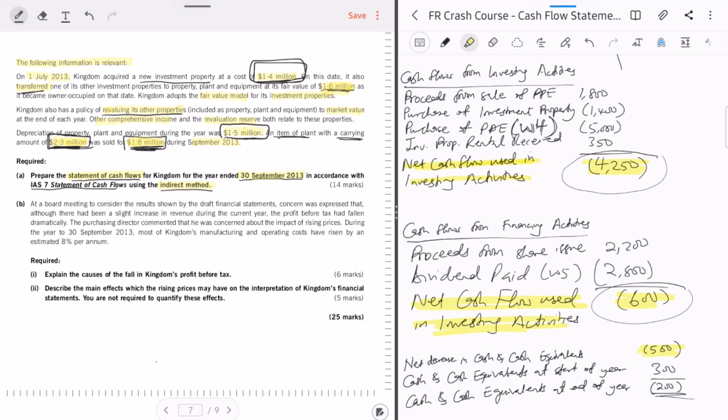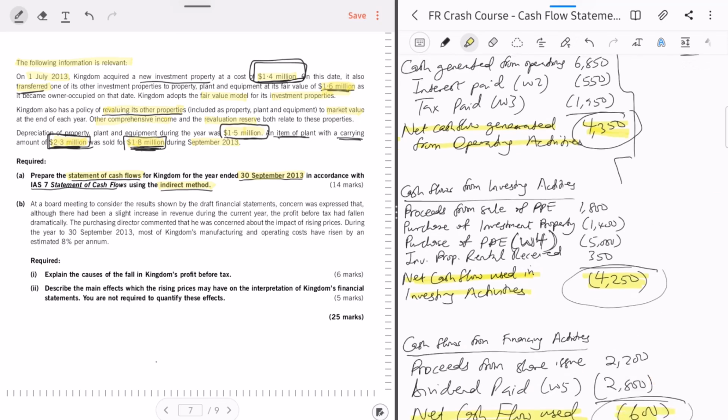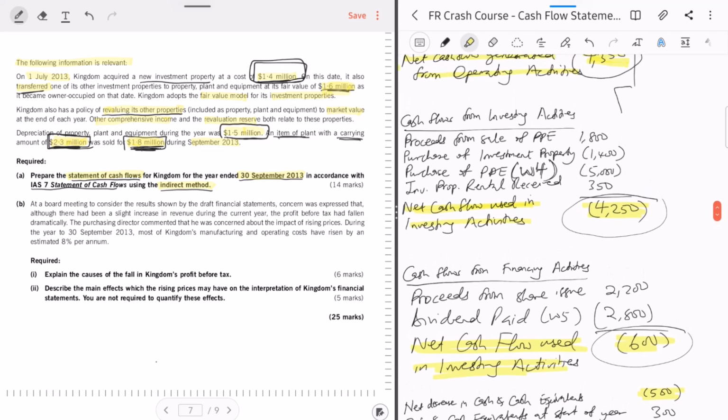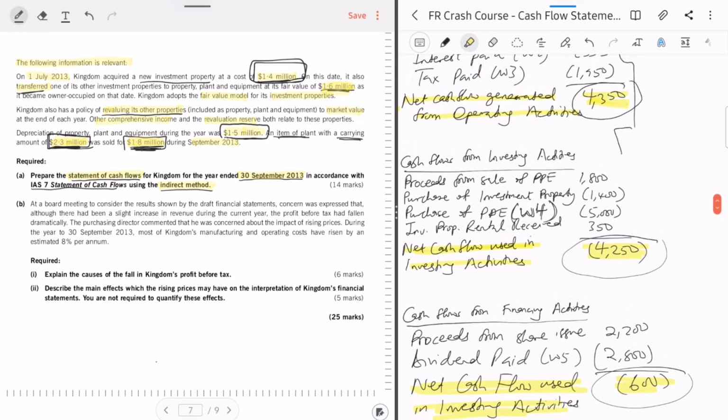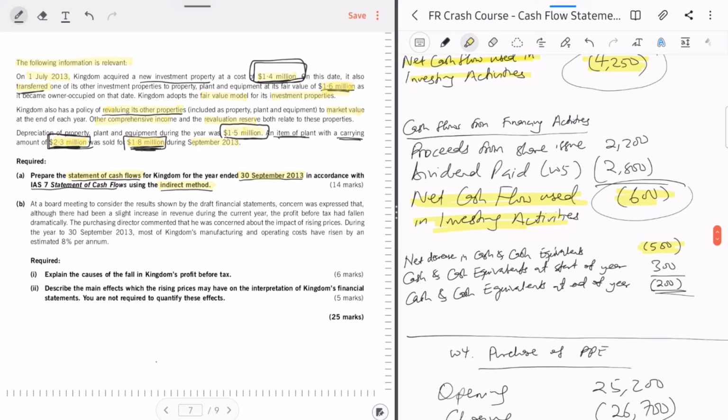Minus 500, minus 4,250, then plus 4,350. So that gives me, so yeah, that gives me minus 500. So 4,350 minus 4,250 minus 600 will give me minus 500. So that explains the movement of cash flow.